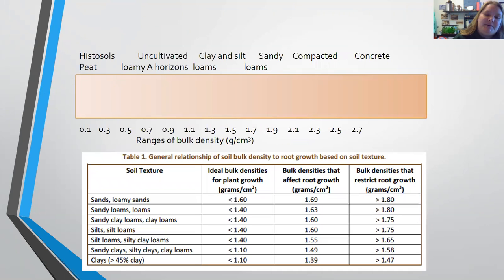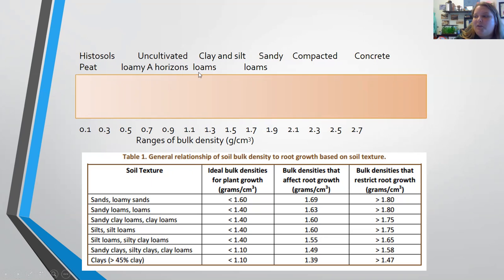And that is because organic matter has the lowest end of the bulk density range. So you can see histosols or peat here, they're at 0.1. Things that are 100% organic matter have a very, very low bulk density. But knowing that means that if you had a peat that somehow got up to like a 0.7 bulk density, then that might be compacted.